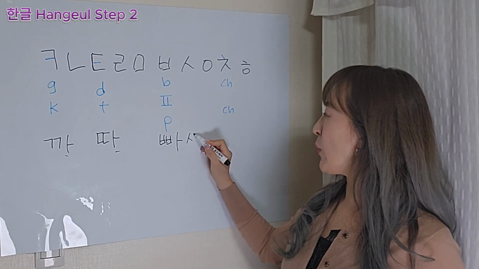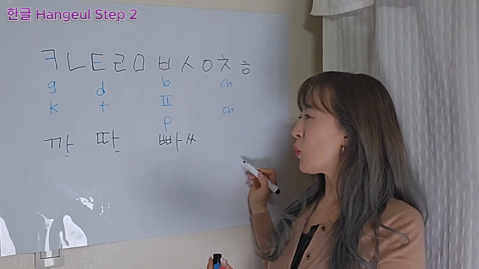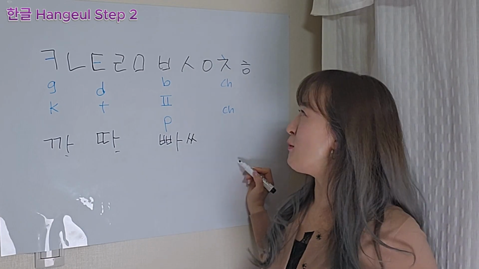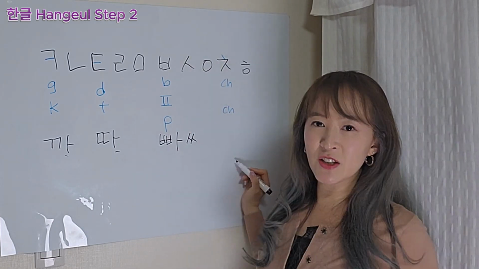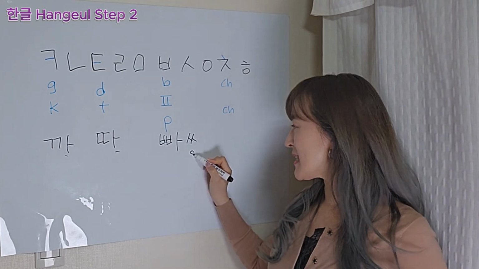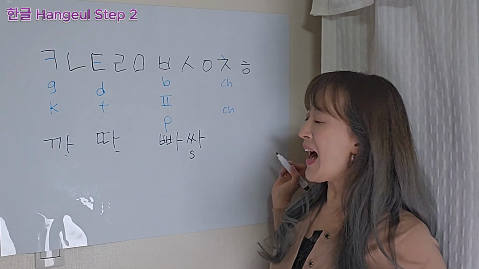And 쌍시옷. Can you guess? So we're making a double consonant sound. So this is sa. So this is similar to the S sound in English. So sa, sa.